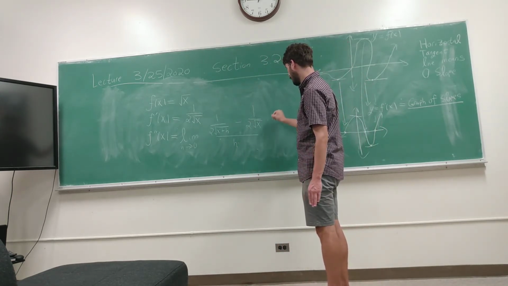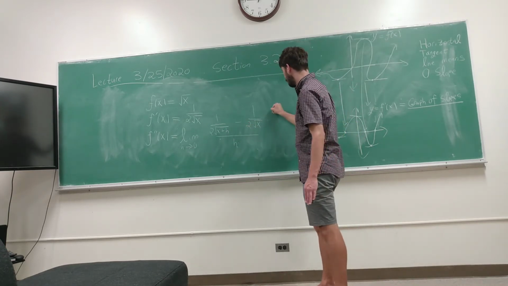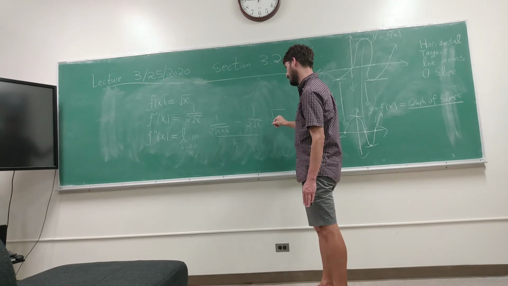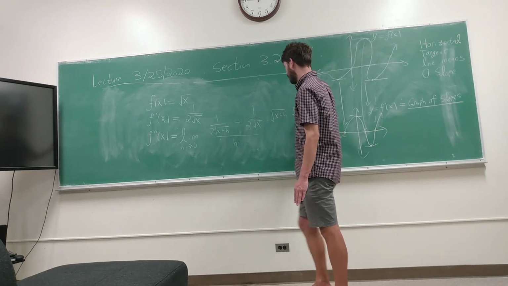Multiply both numerator and denominator by the product of these two denominators.